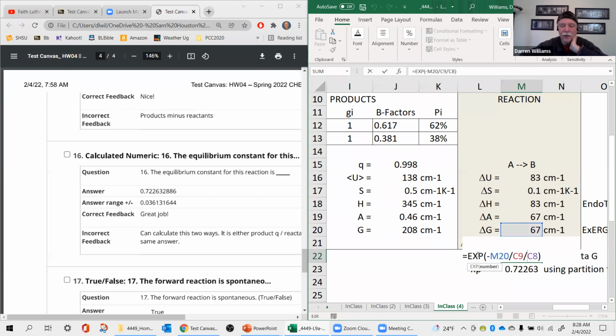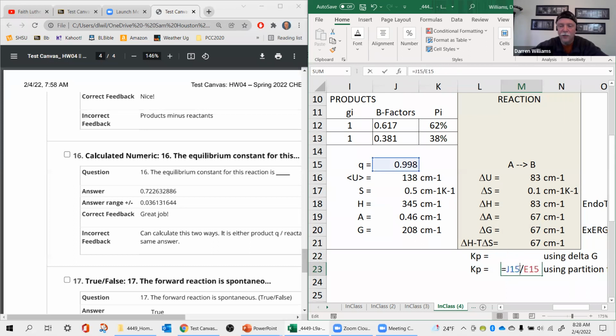So I have the exponential, or e to the minus delta G over KT. So this is K and T down here. So that's the equilibrium constant calculated using delta G. You could also take the ratio of the partition functions. And so this is the product's partition function divided by the reactant's partition function, get the same answer. So that's great.